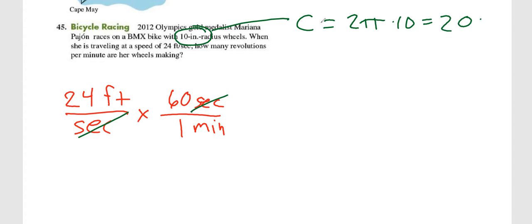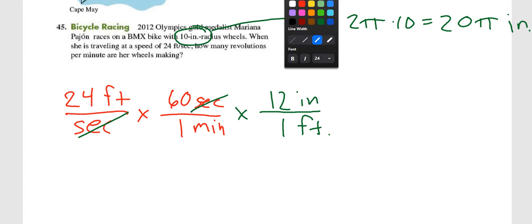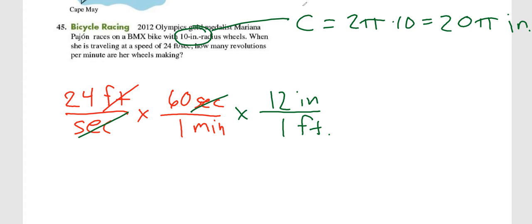So my circumference is 20 pi. But that's in inches, right? So we need to convert feet to inches because this is in inches. 1 foot is equal to 12 inches. And we needed to set that fraction up that way so that the feet would cancel out.